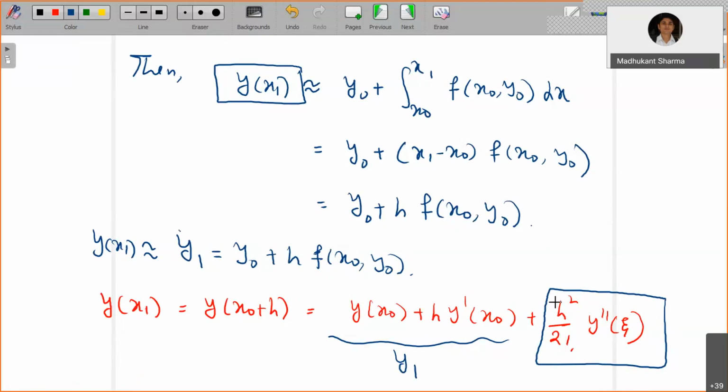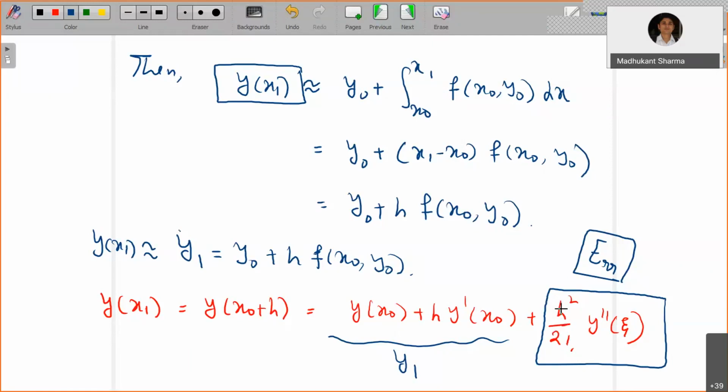If h is taken large, this error part, which is called the error term for the Euler method, will certainly be high because h square is there. If h is 10, then 10 square is 100. This is why it is required to move with small step sizes. Suppose h is 0.1, then 0.1 square is 0.01.